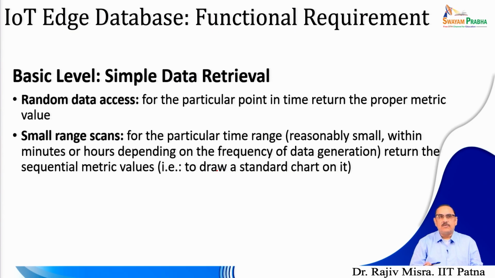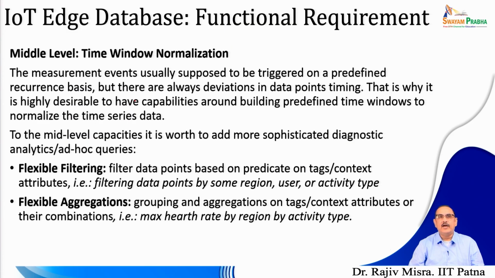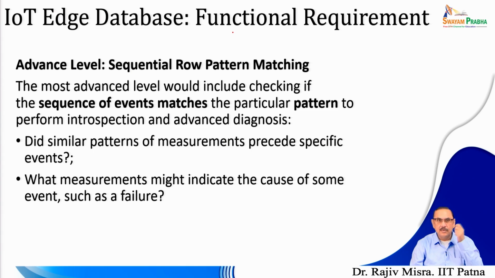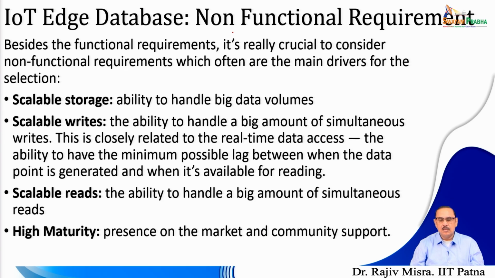So, let us see about the functional requirement, that is the simple data retrieval. Here the random data access and the small range scans are some of the basic necessities which are required, and then time window normalization is also one of the functionalities required here.